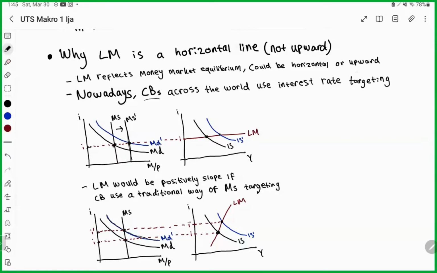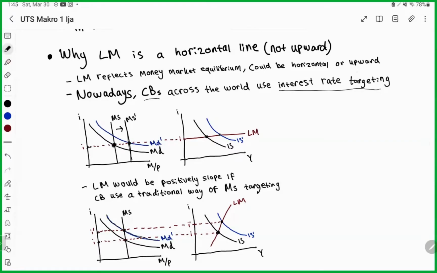Why? Because in interest rate targeting policy, which in class we call the modern way, we target the interest rate. The interest rate should not change when money demand or income increases. So when money demand increases, for example from MD to MD prime, the interest rate should stay the same.